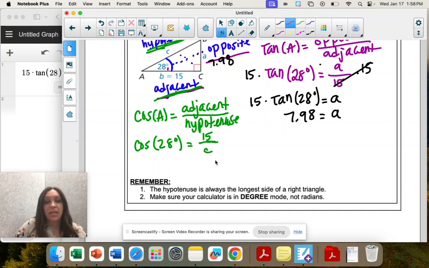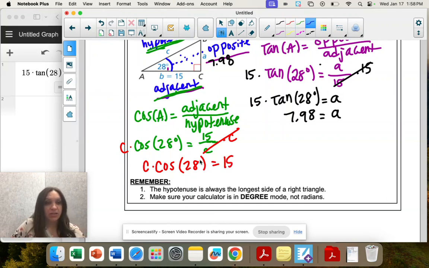Now, same step as last time. We multiply both sides by the denominator. That's how you get rid of a fraction. So I have C times cosine of 28 equals 15. Now, how do I get C by itself? Well, cosine's just a number, so we're going to divide both sides by cosine of 28.